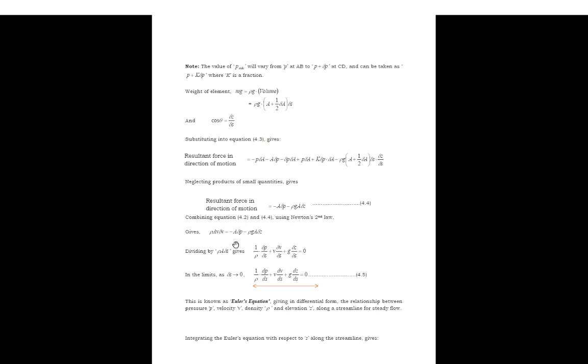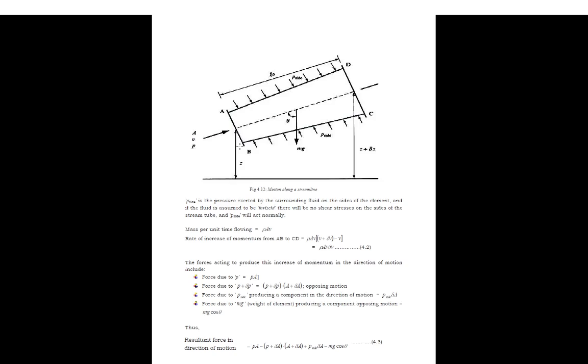But at the end of the day, when we have this kind of scenario, it brings us to the Bernoulli equation. If we have all those three forces, and we assume there is a counter force acting in the opposite direction, then we are conserving momentum.